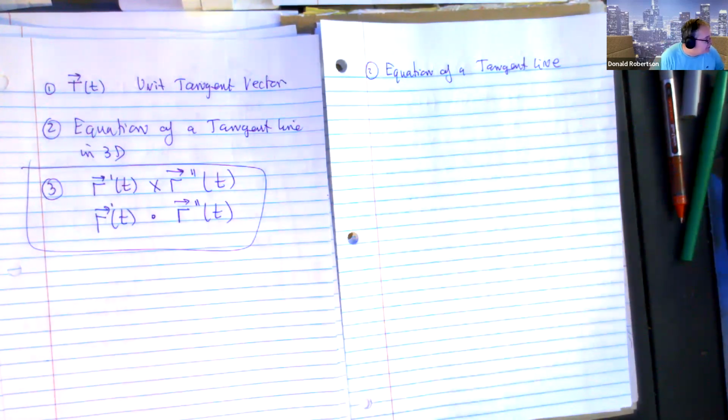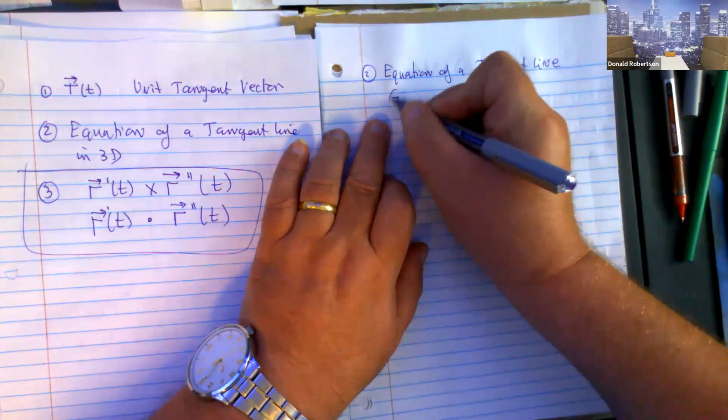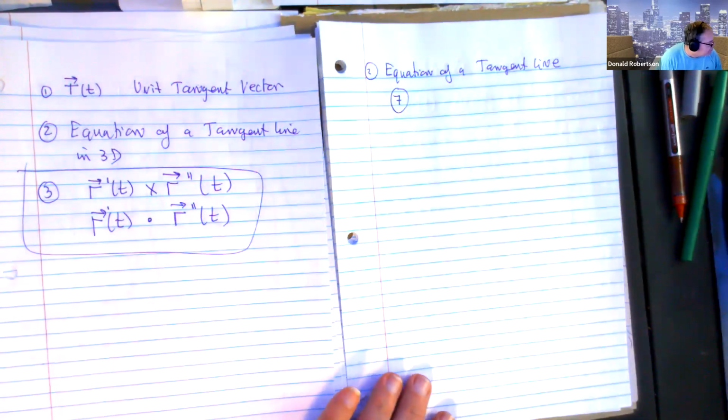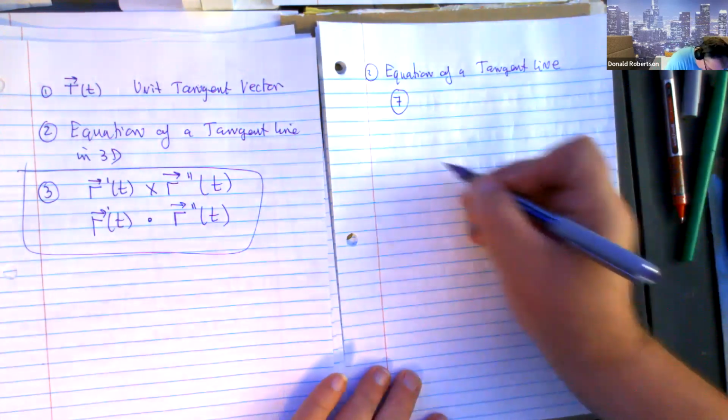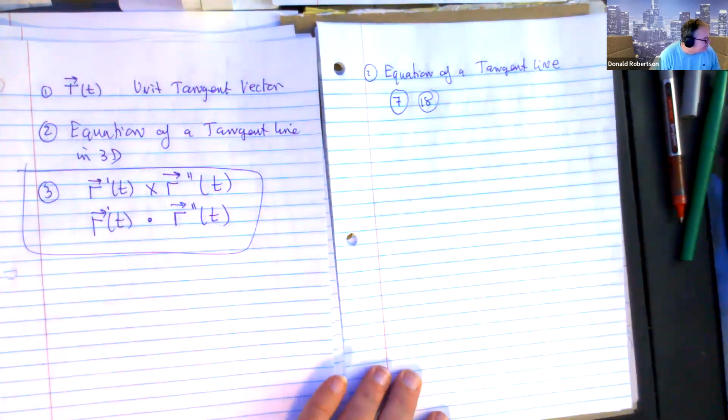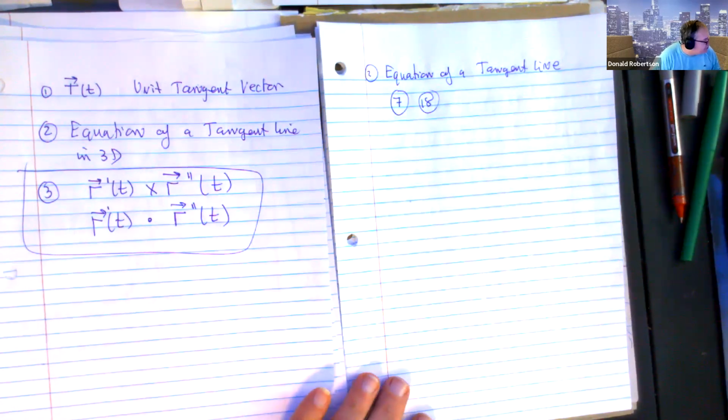The equation of a tangent line, let's find an example of that. So a version of that would be question 7. That's it. So there's two examples of this.